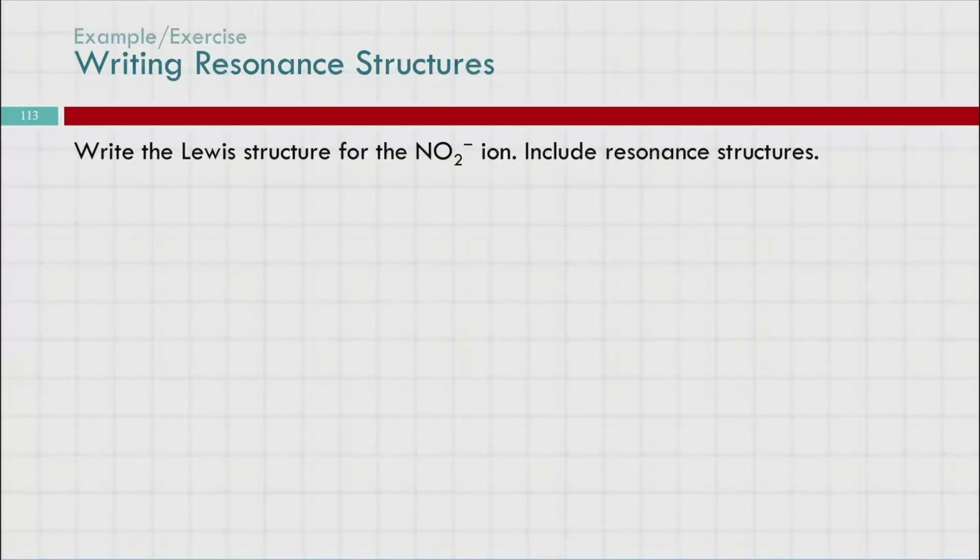So our skeletal structure, to give us some nice symmetry, is going to be nitrogen in the middle so that it's nice and symmetrical. We've got oxygen, 2 of them, 6 electrons each, total of 12 electrons.